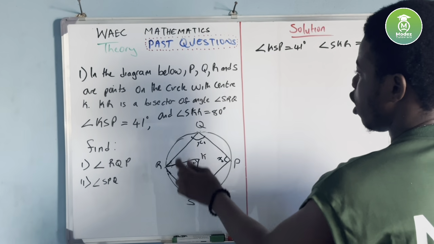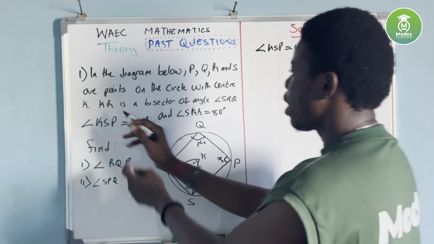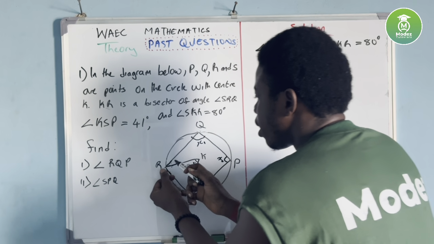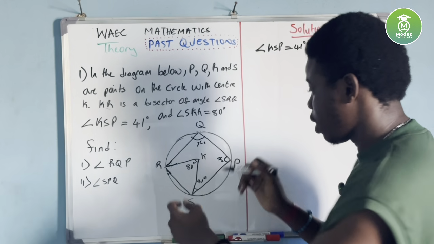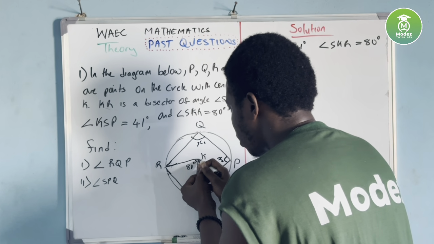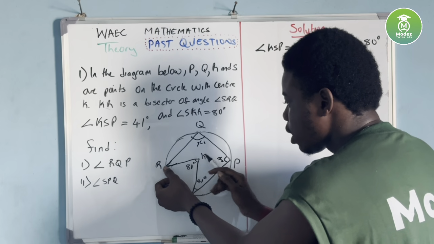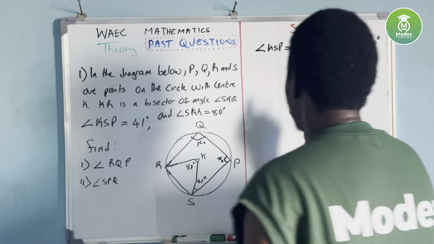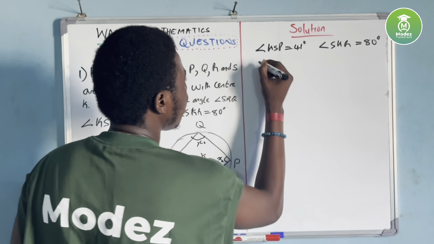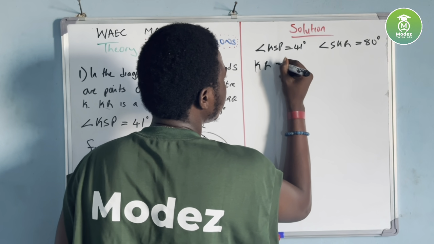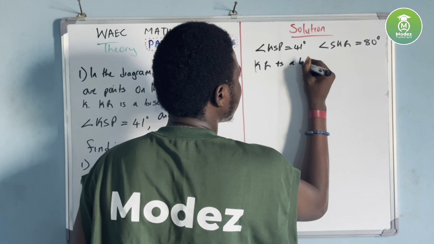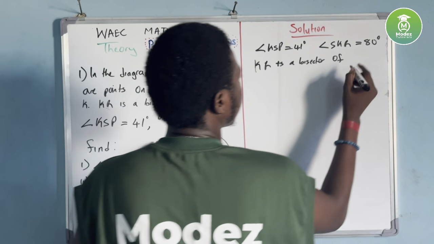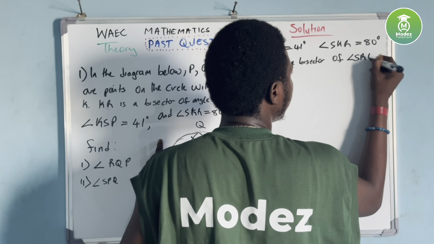Now take notes. Please take notes. They said KR, which is this. Don't forget that K is the center. This line that draws from here to here, this particular KR line, divides this angle here into perfect two. So take note that KR is a bisector of SRQ.